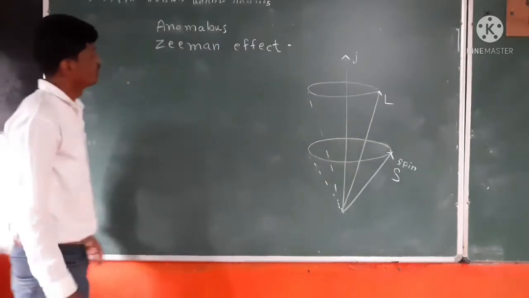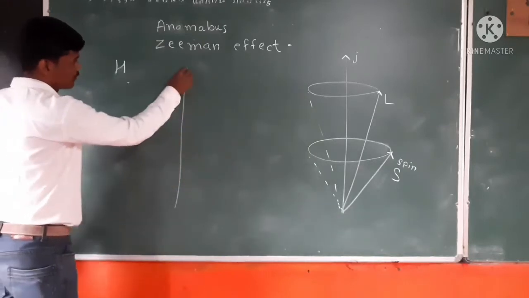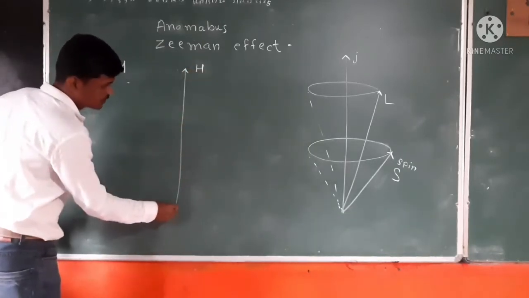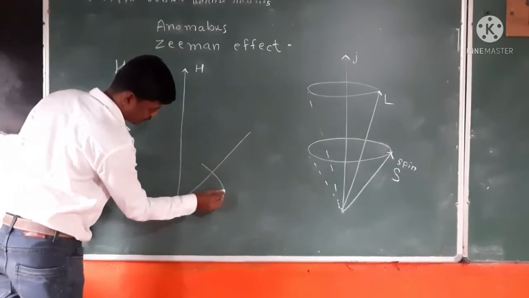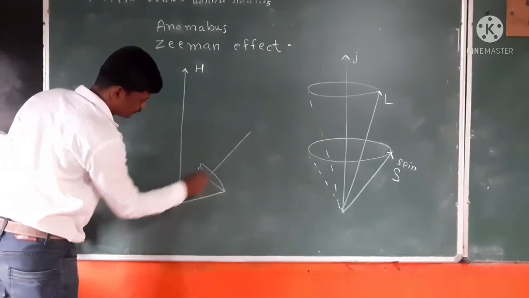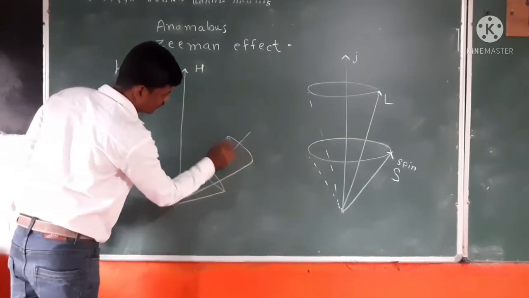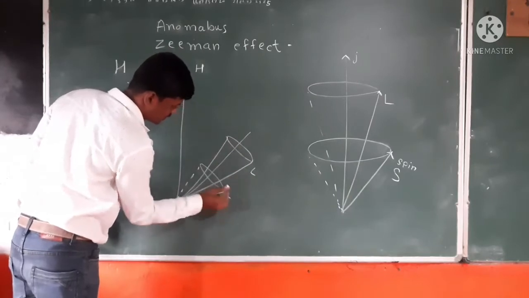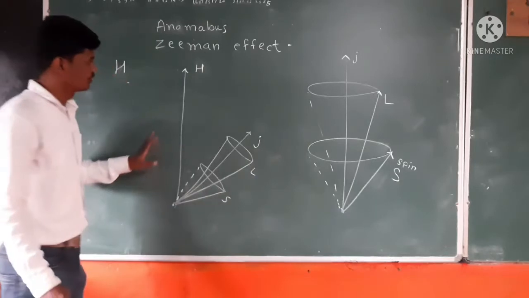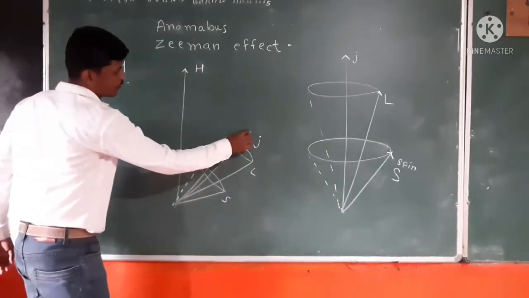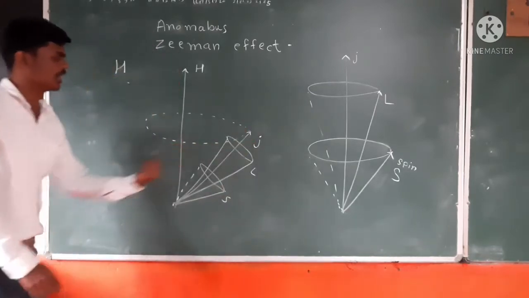Now, when we apply the magnetic field H, this whole system precesses around H. You can draw the precession like this.